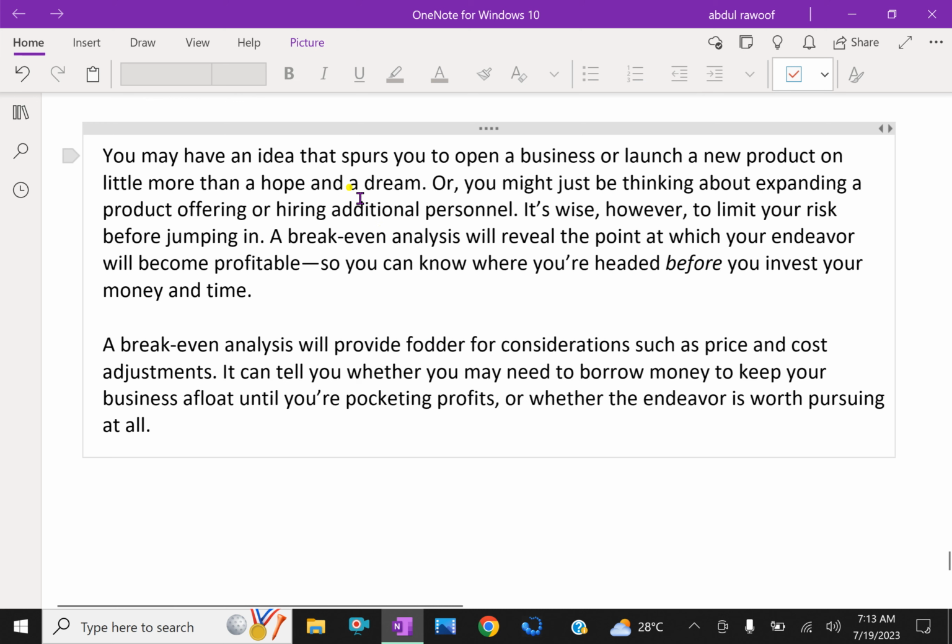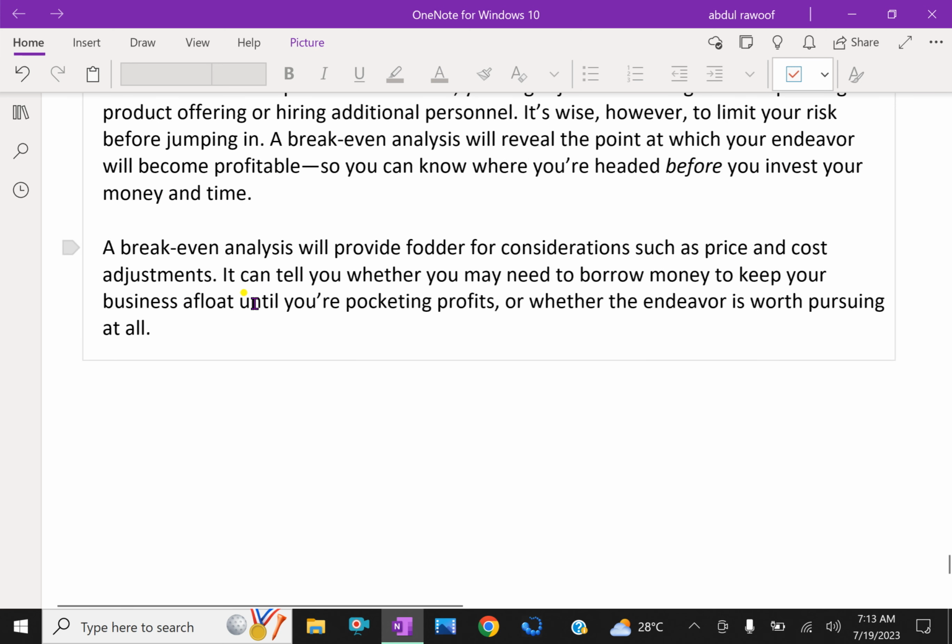You may have an idea that spurs you to open a business or launch a new product on little more than a hope and a dream. Or you might just be thinking about expanding a product offering or hiring additional personnel. It's wise, however, to limit your risk before jumping in. A break-even analysis will reveal the point at which your endeavor will become profitable, so you can know where you are headed before you invest your money and time.